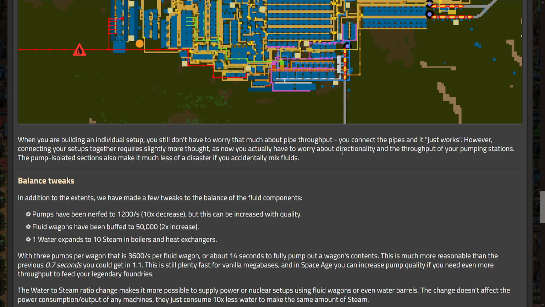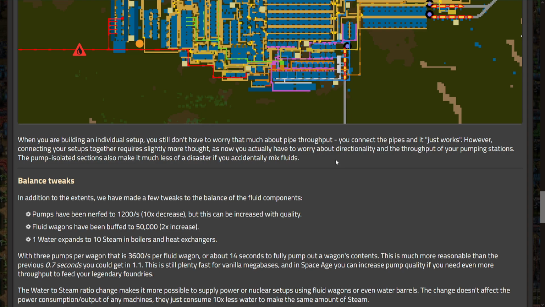So now you need to worry about the directionality of the system, because pumps only go one way. But you can of course try to have two pumps opposite each other to just pump things one way and the other way back, just to try to go back to what they had before, basically a bidirectional system.